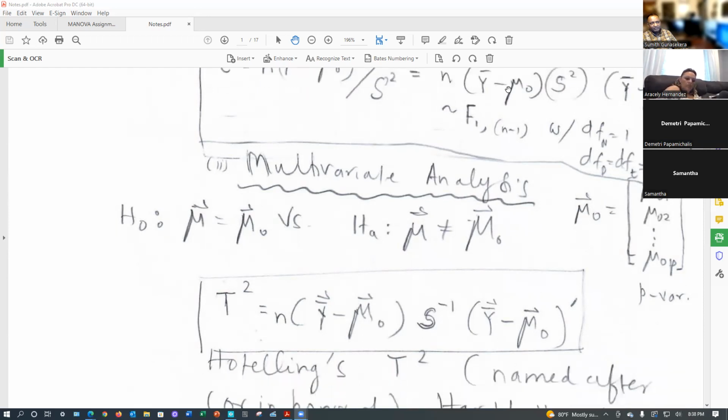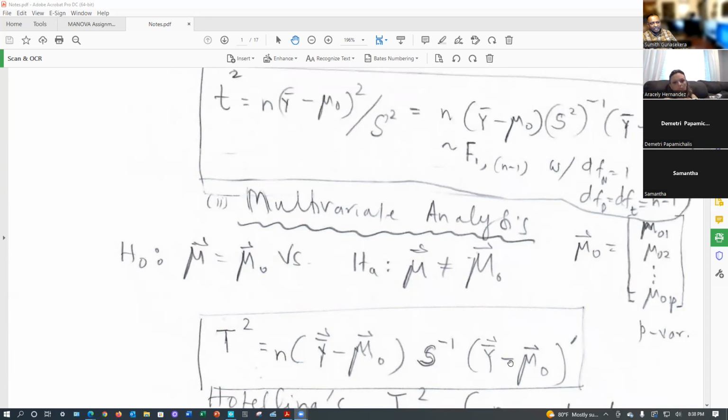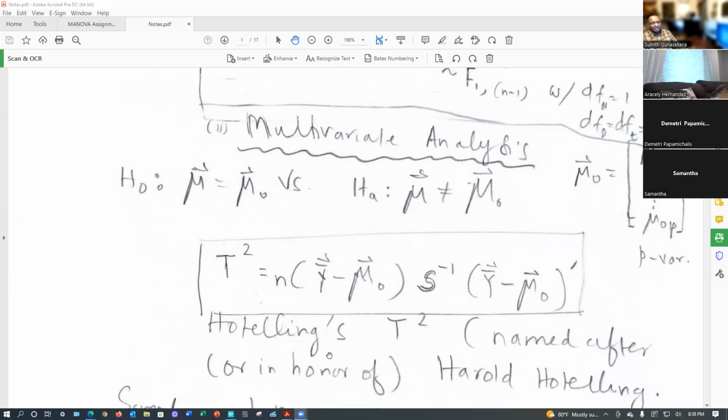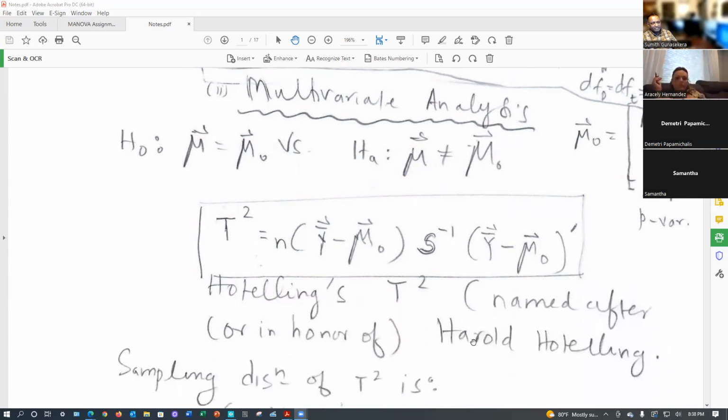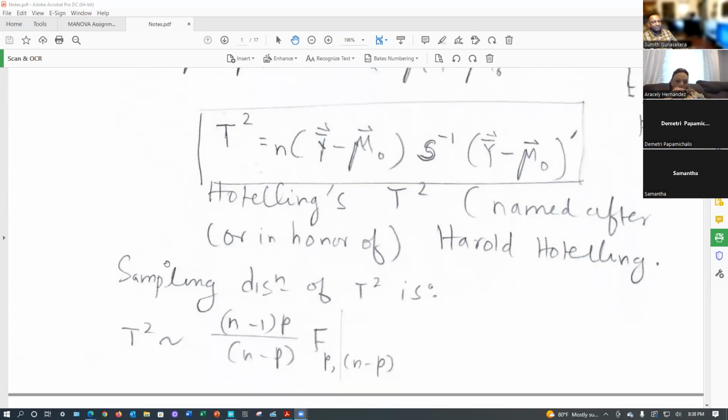And you cannot keep the other factor the way we have it in univariate; you have to take the transpose. Those are matrices. This one has been named after Harold Hotelling, the Hotelling's t squared, and it is distributed according to this distribution.